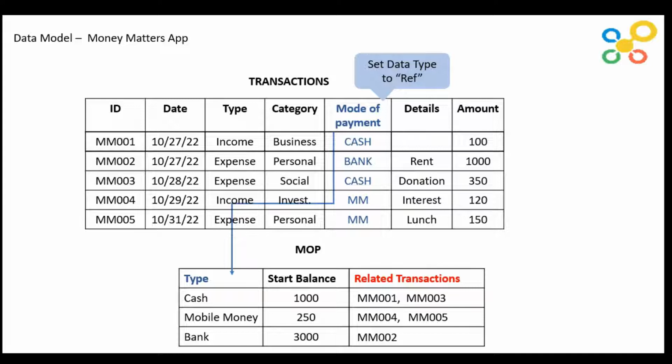We're able to know the total amount of bank receipts and mobile money receipts and all those things because we are able to track this using the related transactions column created once we establish a relationship between these two columns. Okay, so with this understanding, we're going to go back into our AppSheet editor and create our mode of payment table.